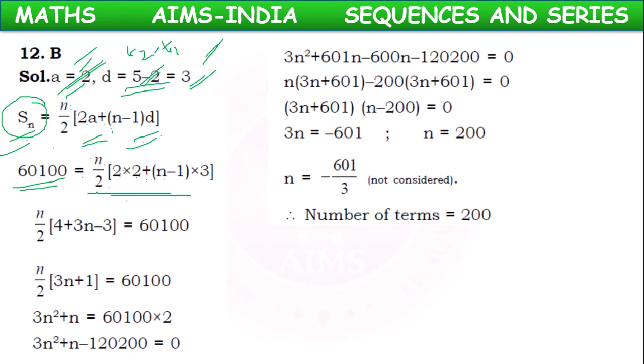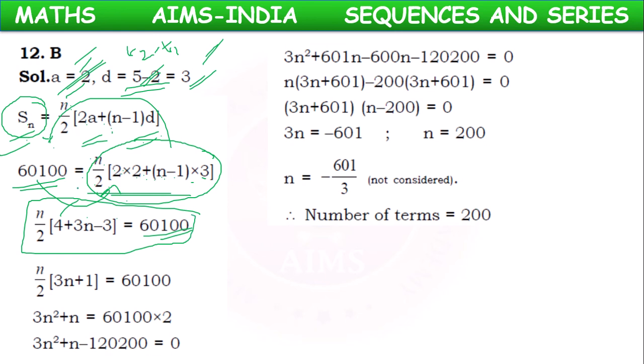So n by 2, 2 into 2 is 4. 3 into n is 3n, 3 into minus 1 is minus 3. 4 minus 3 equals 1.